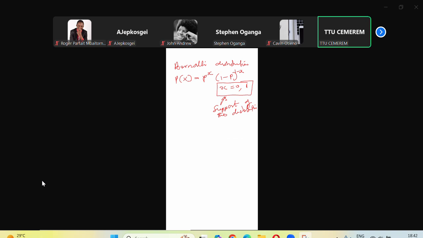What is the probability of X being equal to 1? Where you see X in the function, you replace it with a 1. It will be p raised to power 1, times 1 minus p raised to power 1 minus 1, because we are replacing X equal to 1.